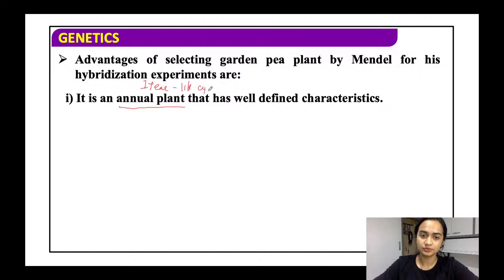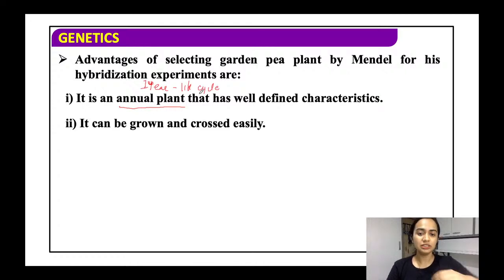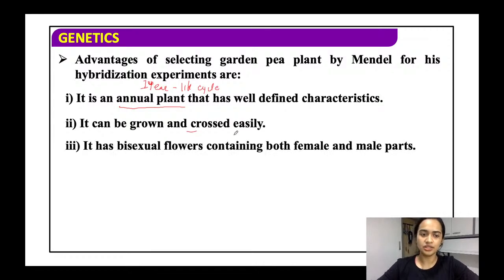We have studied the reproductive phases: first the birth, or the planting of the seed, then the growth period, then the reproductive phase and the senescence phase. So this plant will undergo all these phases in 1 year itself. It will start flowering and fruiting in 1 year. That is why he selected the pea plant, and it can be grown easily and crossed easily. It could easily be cross pollinated also.